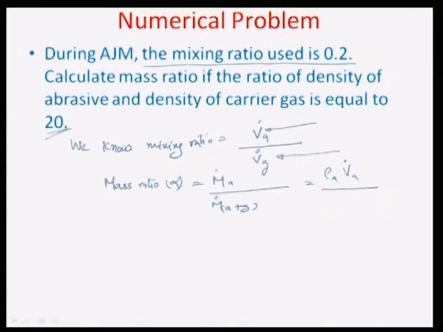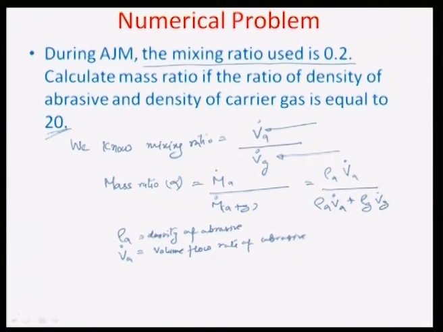So let us say rho A is the density of the abrasive and V_A dot is the volume flow rate of the abrasive, and the denominator can be written as the density of the abrasive times the volume flow rate of the abrasive, plus the density of the carrier gas that you are using times the volume flow rate of the carrier gas.